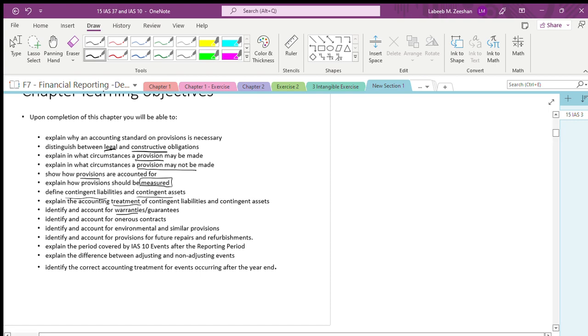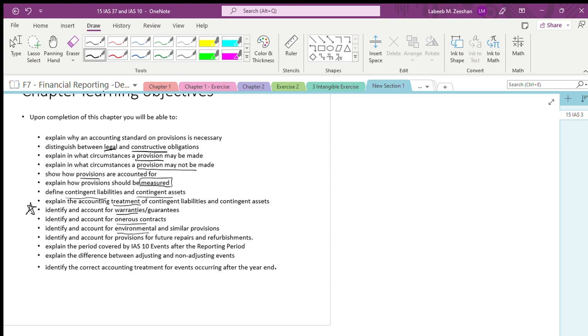Why do I say important? This is new, and that is the reason they will check on this. And what are onerous contracts? What are the environmental provisions?